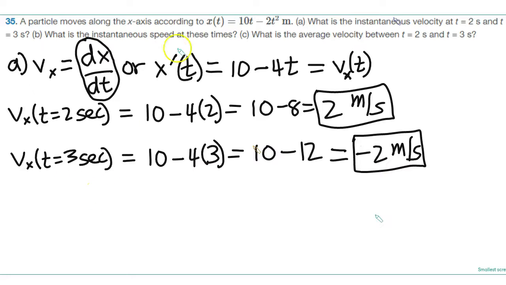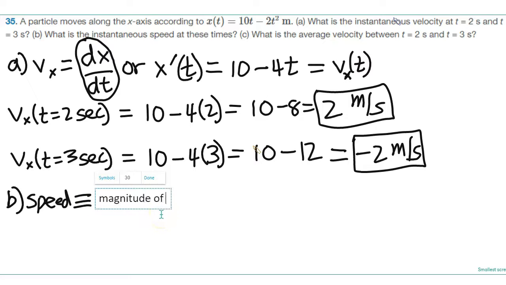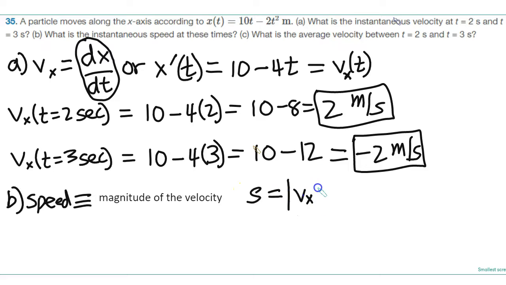Okay, part B. What is the instantaneous speed at those times? So speed is going to be exactly the magnitude of the velocity. Another way to think about this, if you want to write it out in symbols, is that speed, if you want to call it s, s is equal to the absolute value of Vx, right?